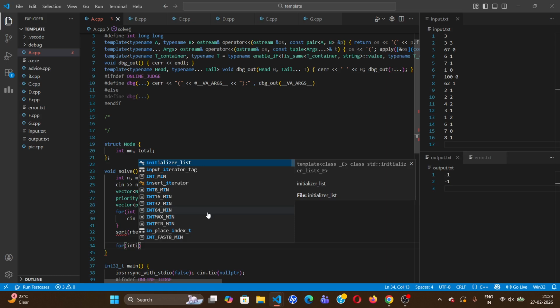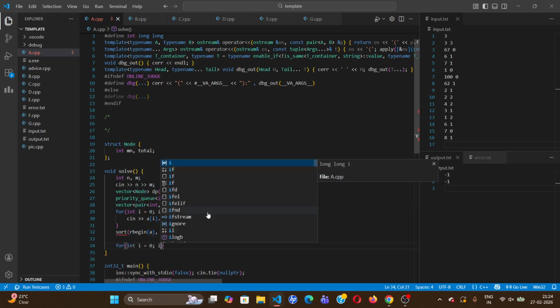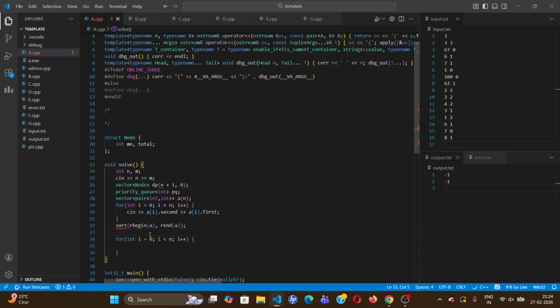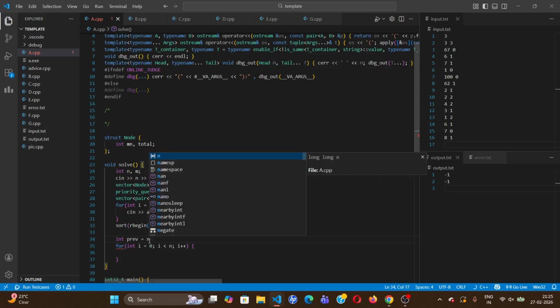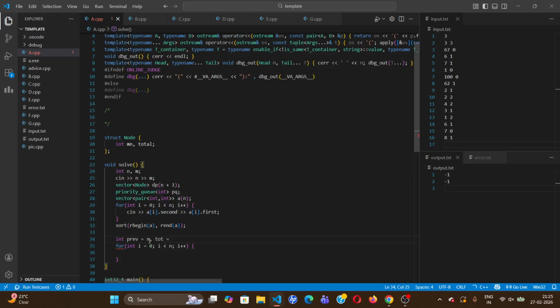Now the previous. Oh, okay. Take this. The previous value, let this be n and total be 0.